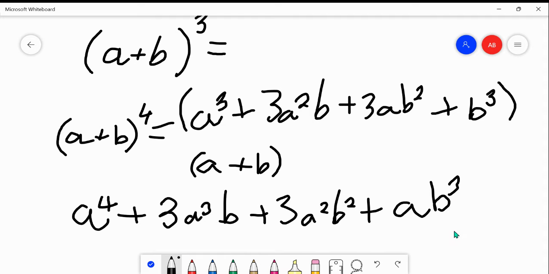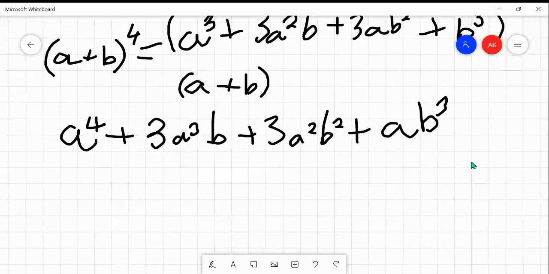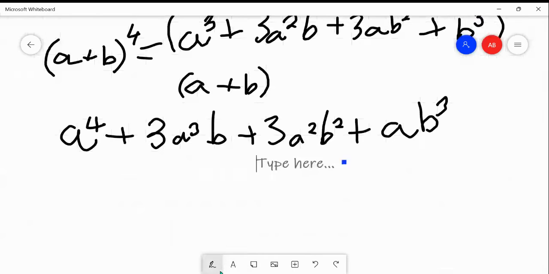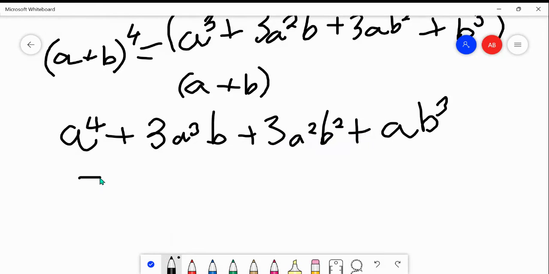Now next, we're going to repeat this process with b. So plus b times a cube is going to be a cube b.